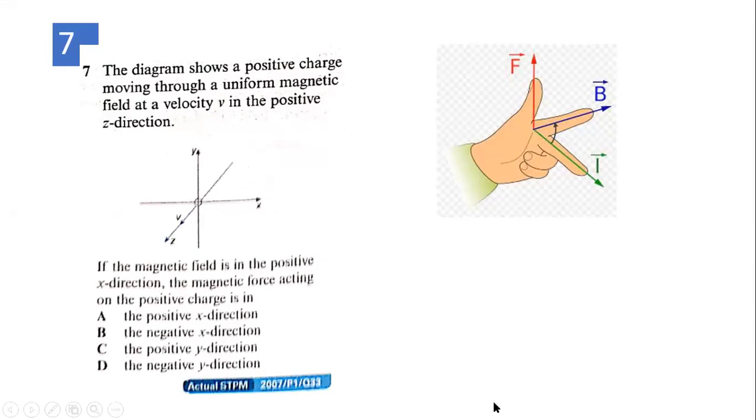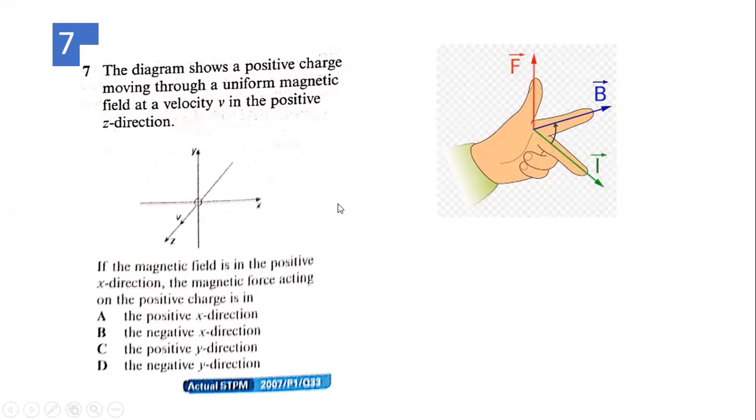Of course, I show you Fleming's left-hand rule. The diagram shows a positive charge moving through a uniform magnetic field at a velocity v in the positive z direction. If the magnetic field is in the positive x direction, the magnetic field is here to the right.